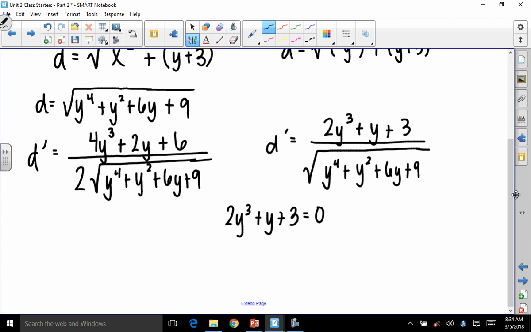And when does what's inside this square root equal 0? So we need to put both of those in our calculator and find where they cross the x-axis.